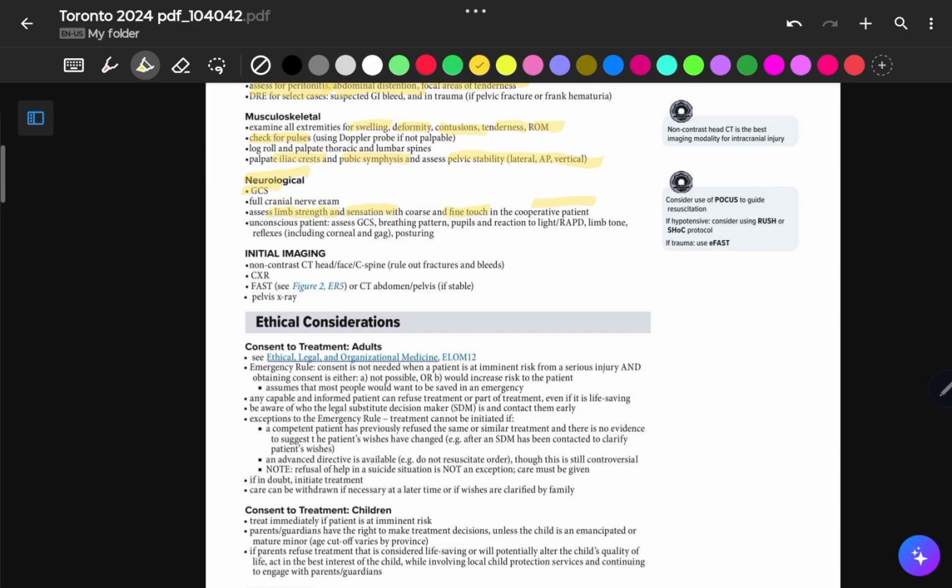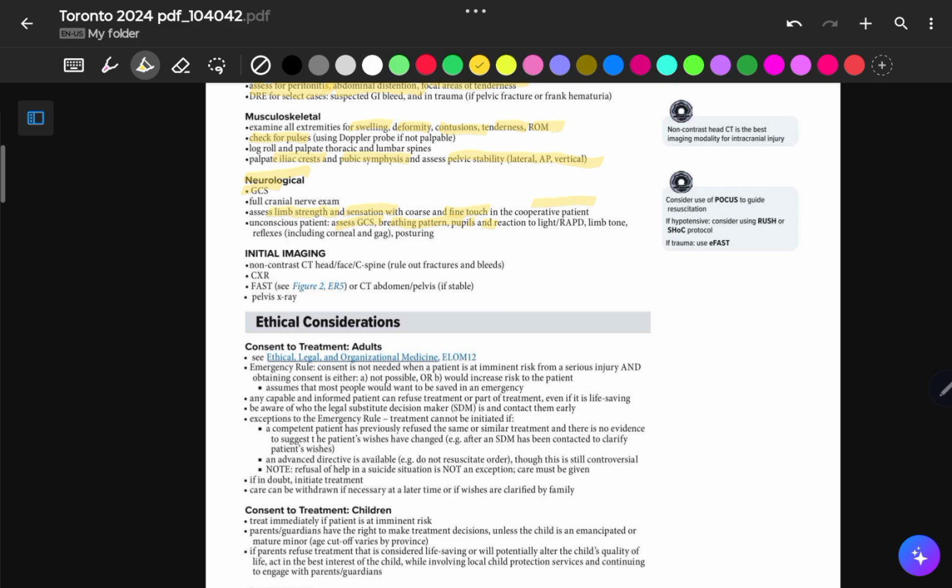If the patient is unconscious, then you want to assess the GCS, the breathing pattern, the pupils. Are they reactive to light? And then limb tone, reflexes, posturing. So all of that is what you want to do in your secondary survey.